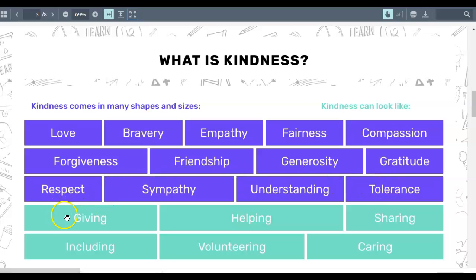Okay? Kindness can look like giving. It can look like helping, sharing, including, this is a big one because this goes with the tolerance, right? There are always those people around you that are outliers. They just kind of hang out in the background and they don't really get involved. Maybe they don't know how to get involved.